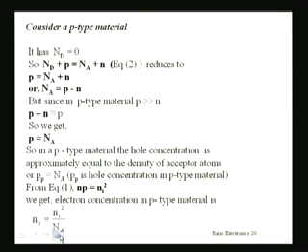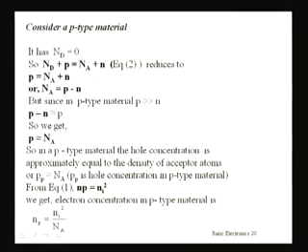Similarly, if we consider a p-type material, the donor concentration is 0. So equation 2 reduces to p is equal to Na plus n, or Na is equal to p minus n. Since it is a p-type material where the hole concentration is much more than the electron concentration, p minus n can be approximately written as p.